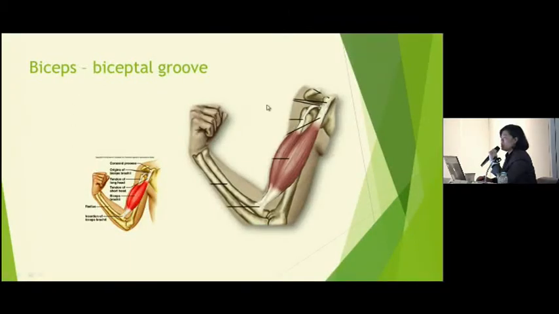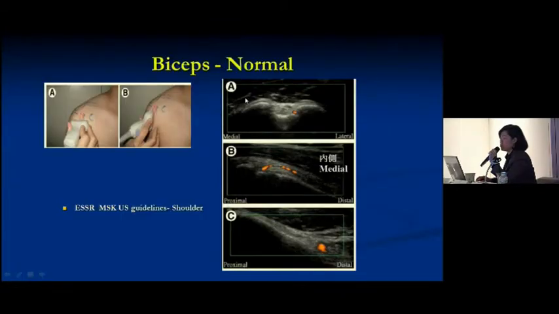It's also important to ask the patient to do dynamic movement in order to scan the musculoskeletal system. For the biceps, you can scan on a horizontal line and also along the longitudinal, and more laterally, the short head and the long head of the biceps.